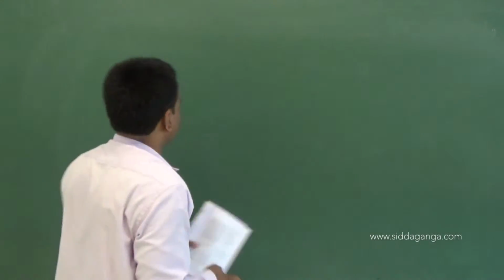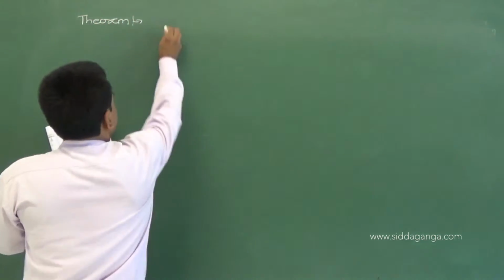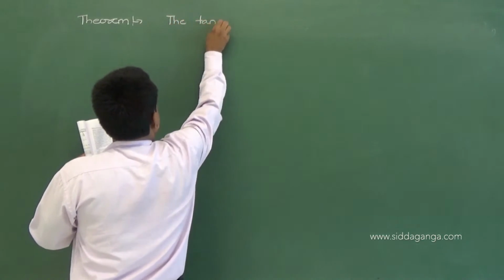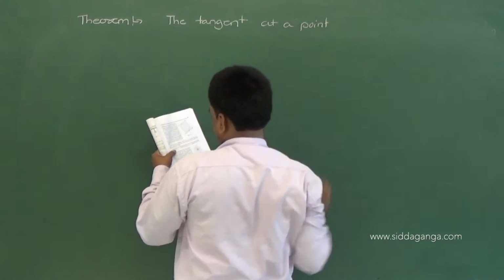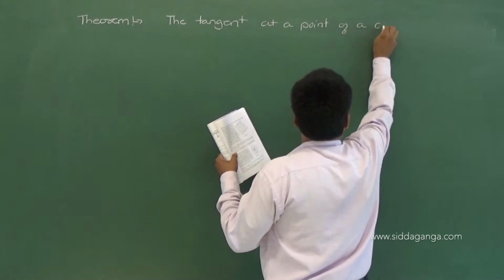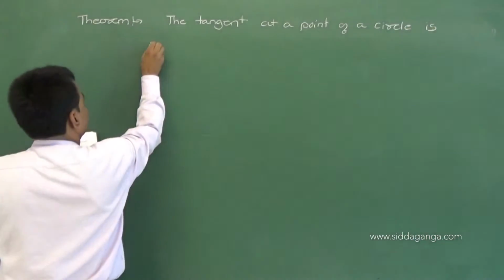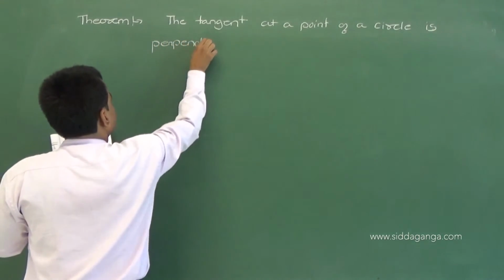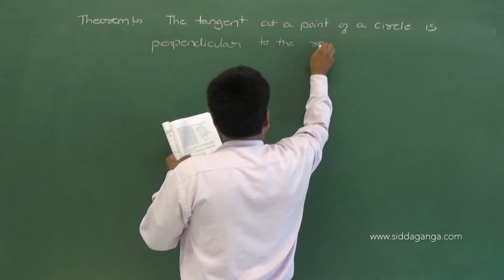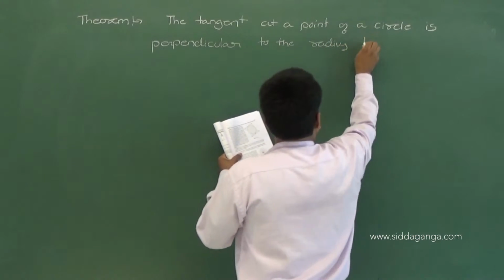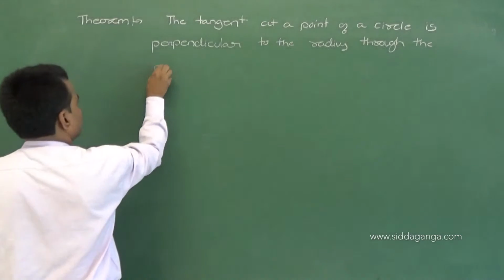The first theorem, statement: the tangent at a point of a circle is perpendicular to the radius through the point of contact.